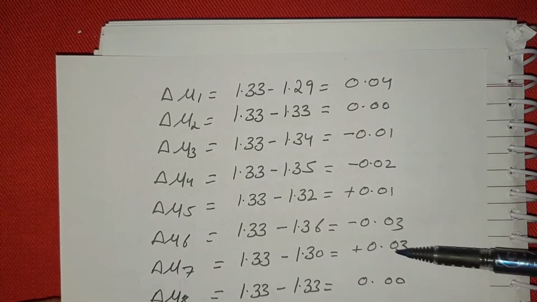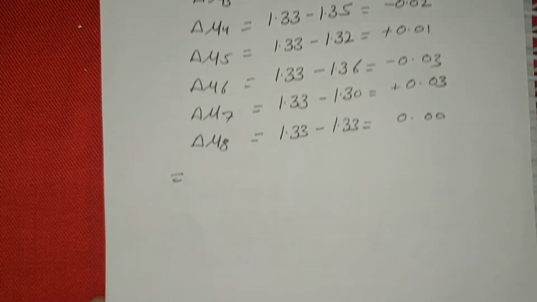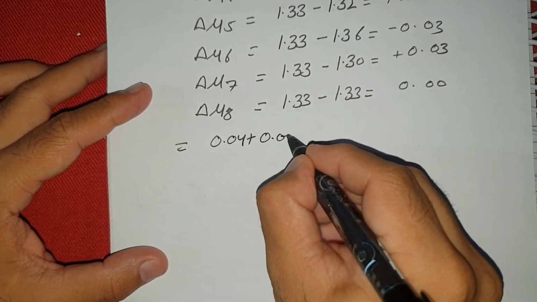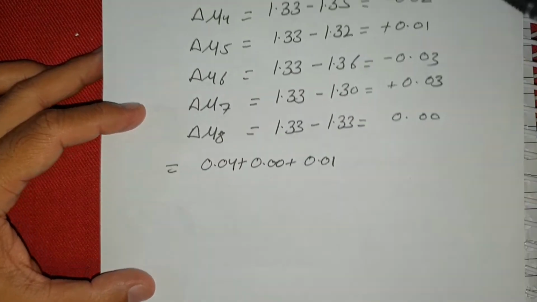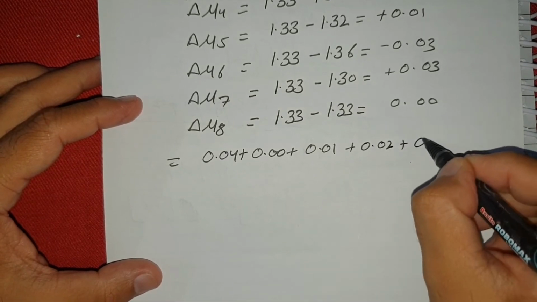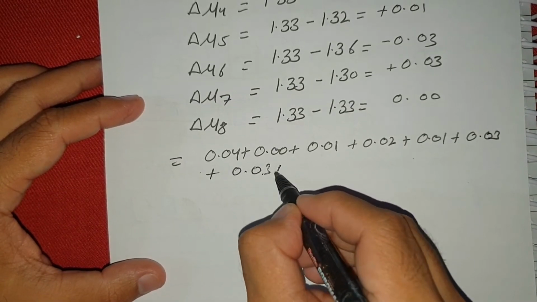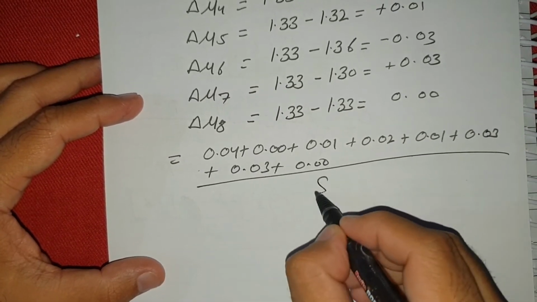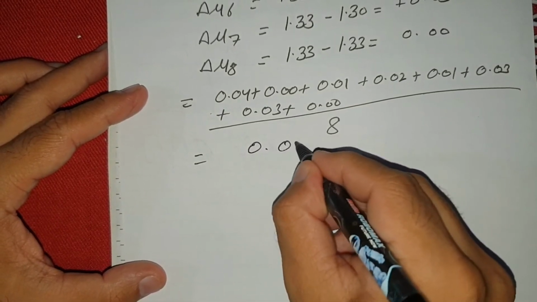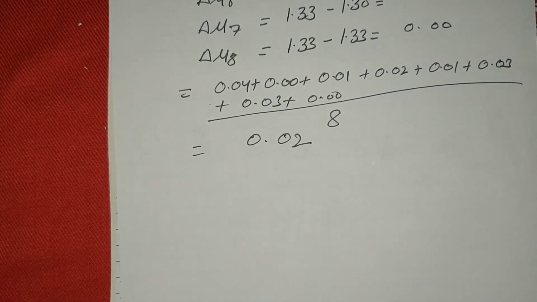So this will be 0.04 plus 0.00 plus 0.01 plus 0.02 plus 0.01 plus 0.03 plus 0.03 plus 0.00, divided by 8, which comes out to be 0.02. So 0.02 is the mean absolute error.